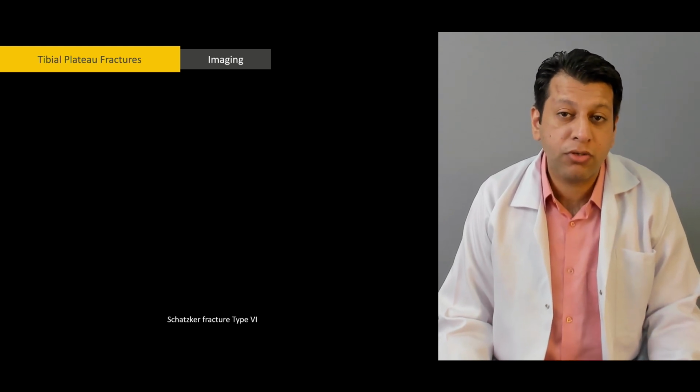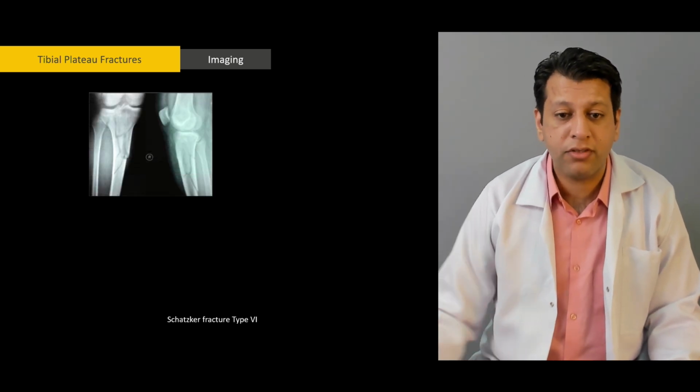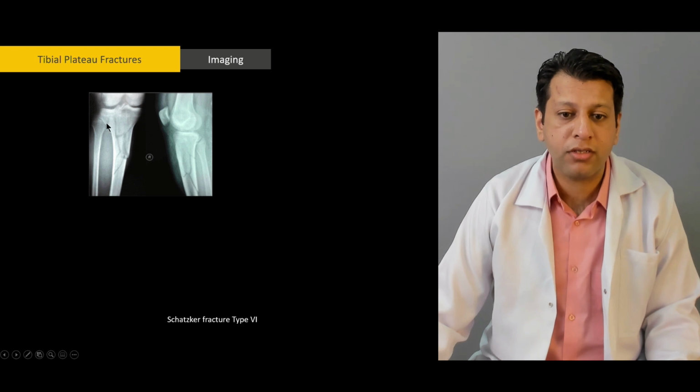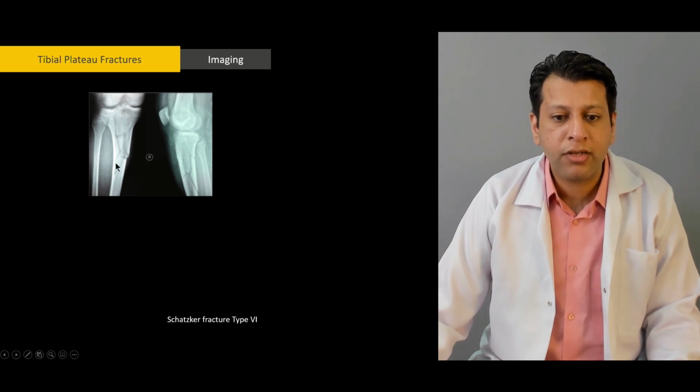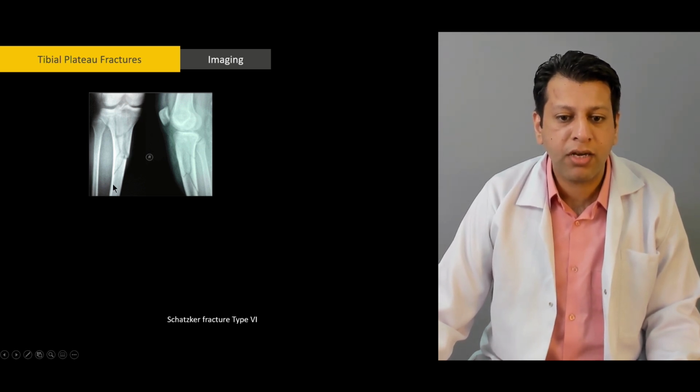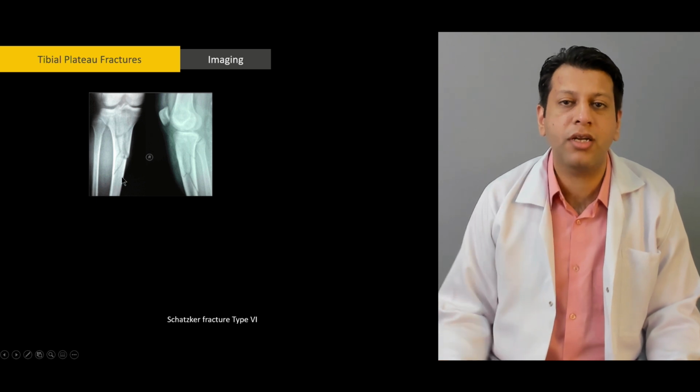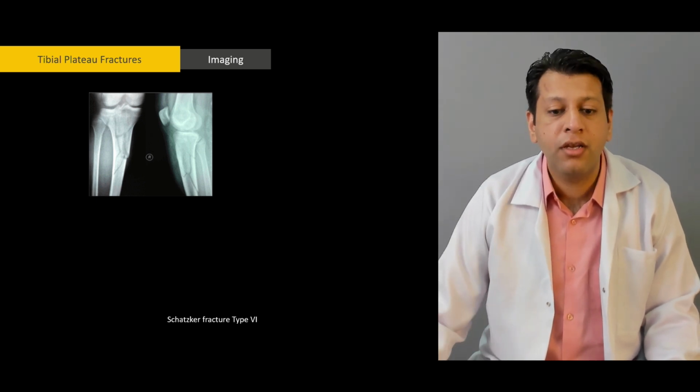And type 6, as I told you, is associated with very high energy trauma. Both condyles may be fractured, and the fracture line extends into the metaphysis. If you appreciate over here, there is a fracture of the lateral condyle, a fracture of the medial condyle, a whole chunk has been removed, and there are fracture lines crossing way into the metaphysis and almost reaching the metaphyseal diaphyseal junction.